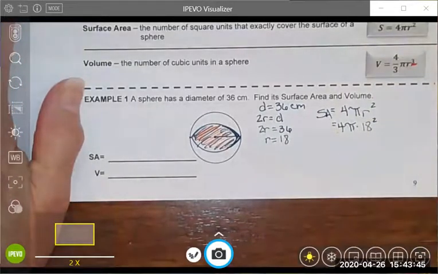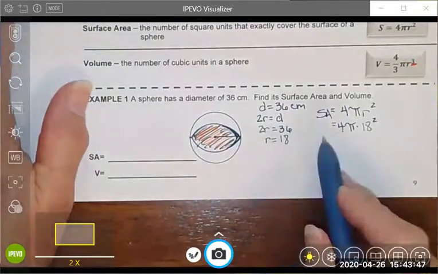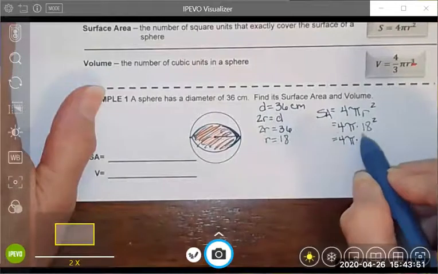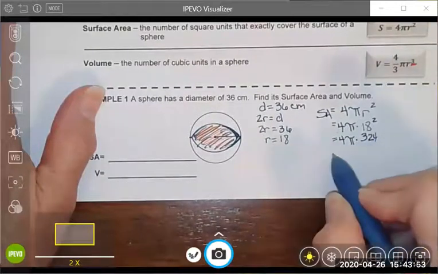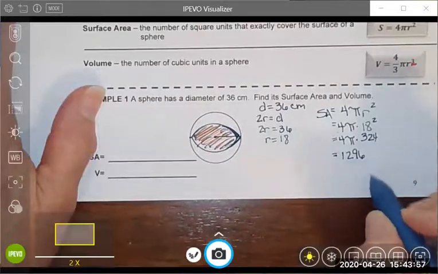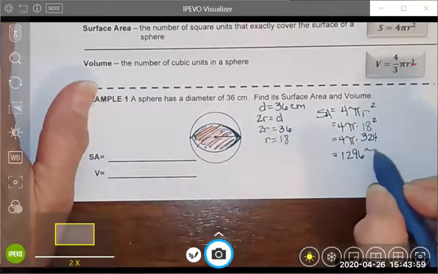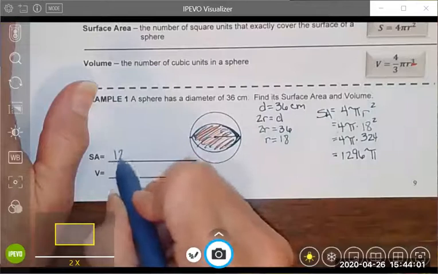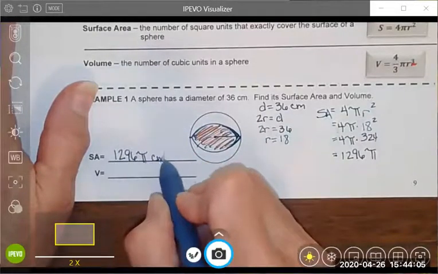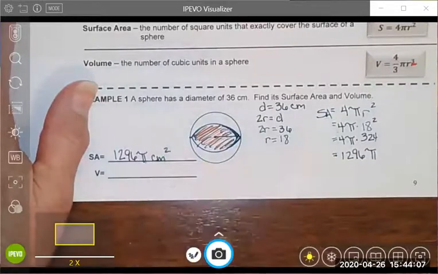Of course, it doesn't help that we gave you a radius of 18. When I simplify this, 4 pi times 324 gives me a humongous number of 1296 pi. And so that is my surface area, 1296 pi centimeters squared.